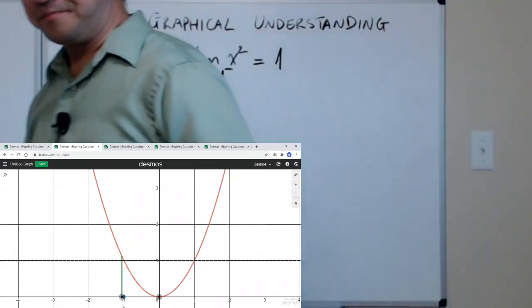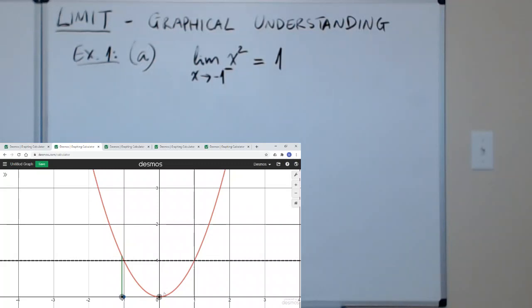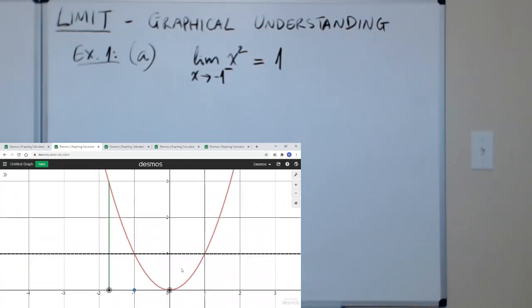And again, from the right hand side, let me now move this point a little further out so that we can see better. Let's start out with x equals 0 on the x-axis, and now we're getting closer. When x equals 0, our height is 0, and everybody knows that.